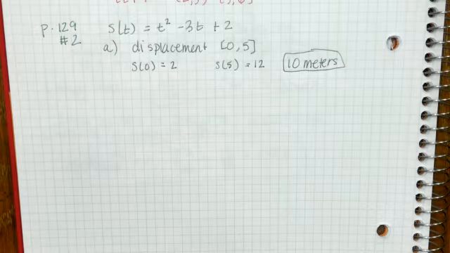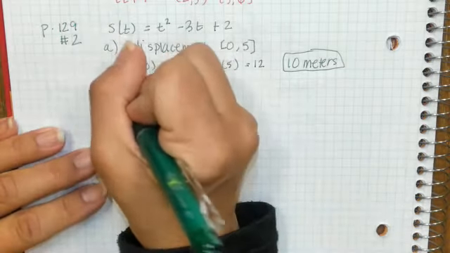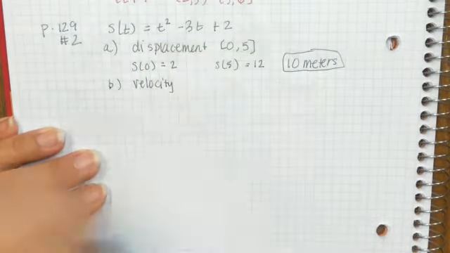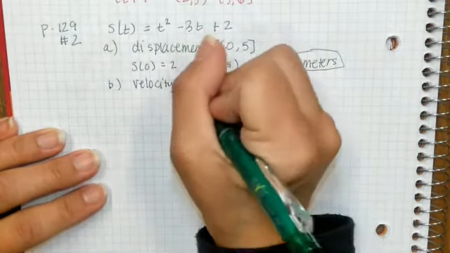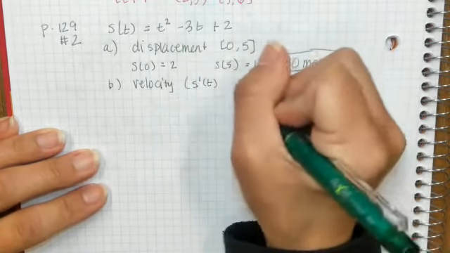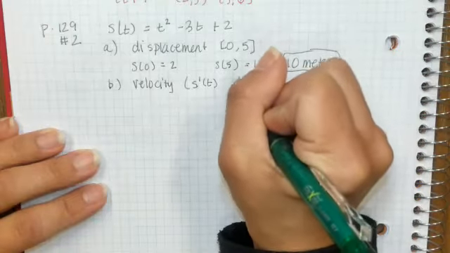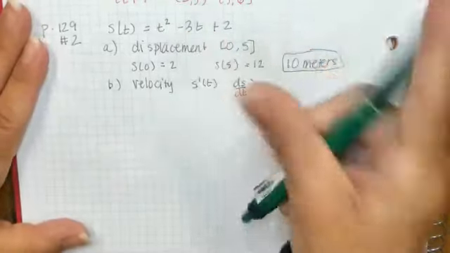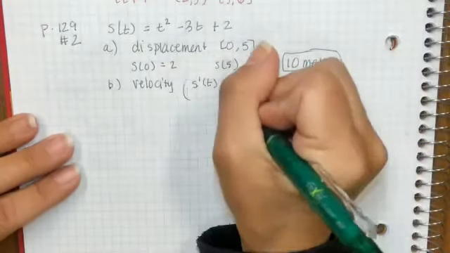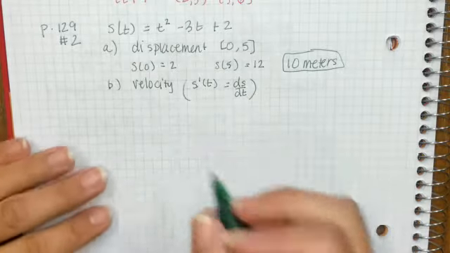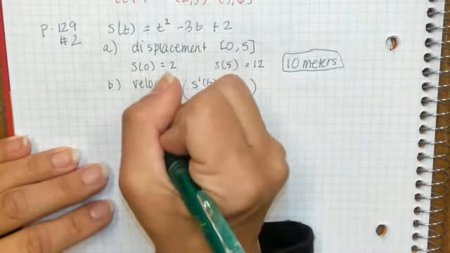So then it says the average velocity during those first 5 seconds. So remember, velocity is the derivative of the position, s prime of t, which is also ds dt. Okay, so let's find the derivative using the power rule.